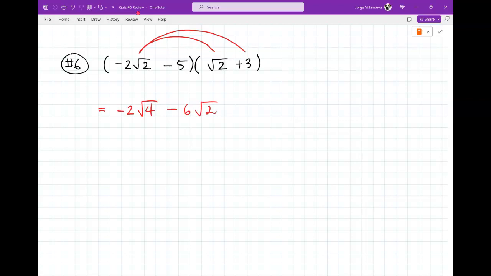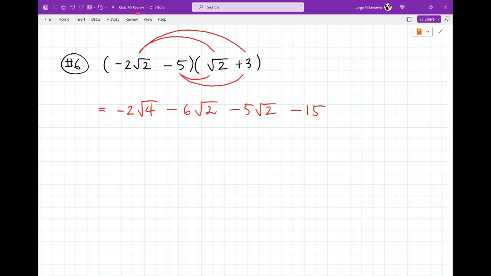All right, now let's multiply with the negative 5. So negative 5 times a radical 2 is a negative 5 radical 2, because they go together, but they don't multiply inside or outside because one of them is an outside number, the other one has an inside number, right? And the last one, negative 5 times a positive 3 is a negative 15.